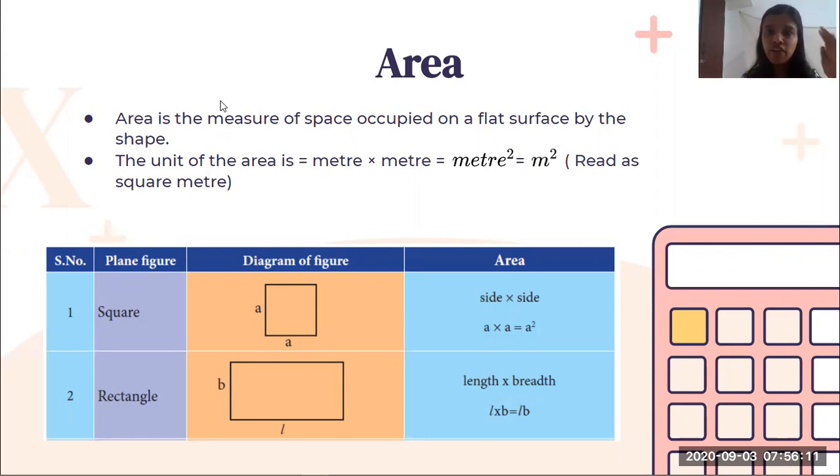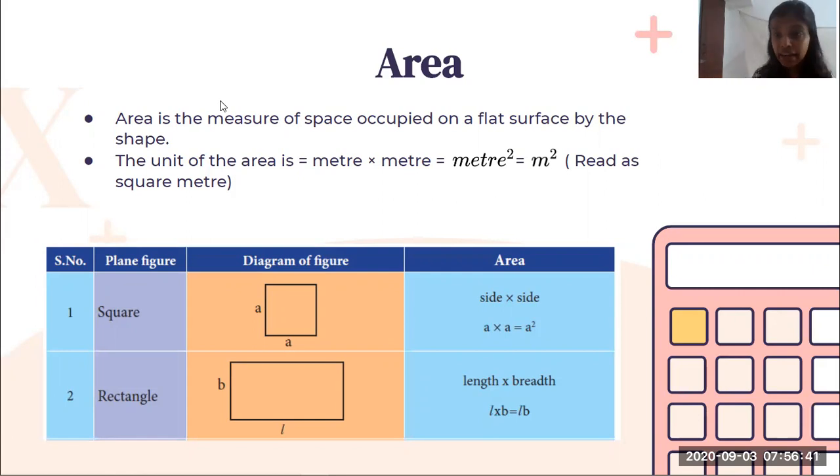From that we moved on to derived units. Derived units are what we get when we multiply or divide the existing fundamental units, or use some mathematical operations on them. The units that we get are known as derived units. One example is area. For a square it is side into side, that is side square, and the unit will be meter square.